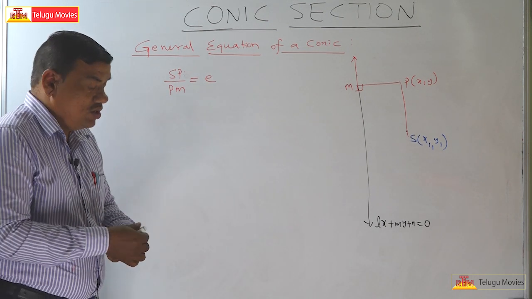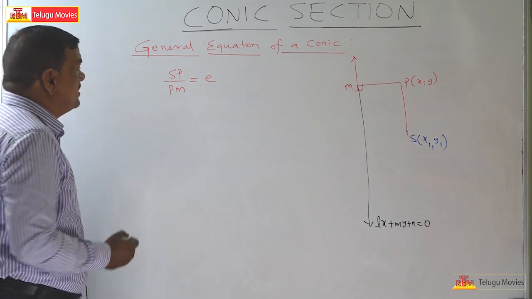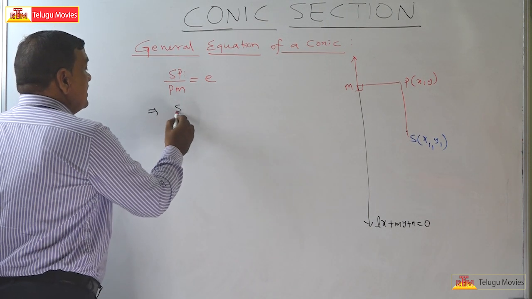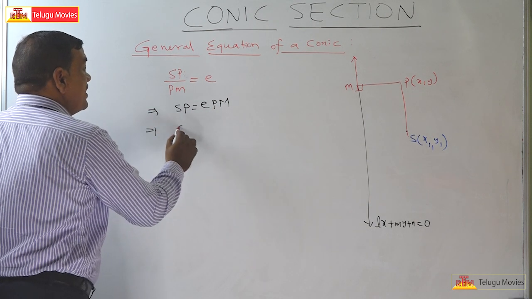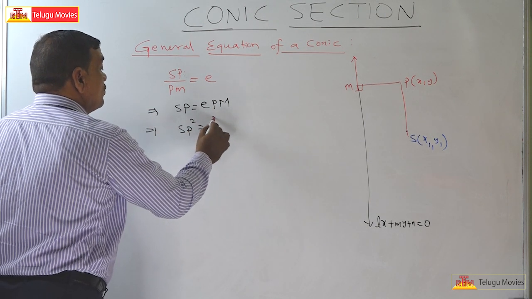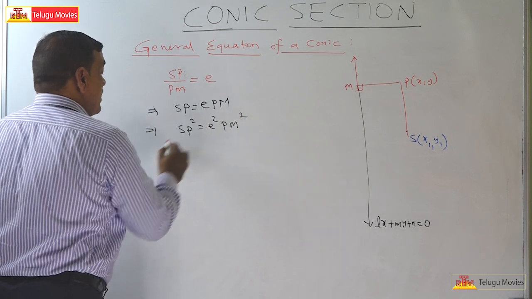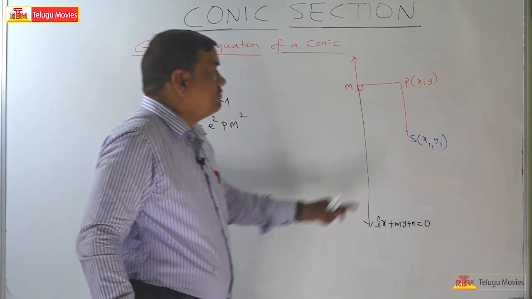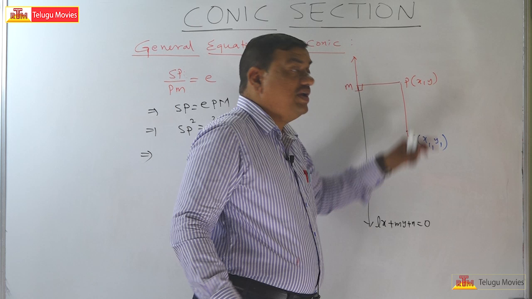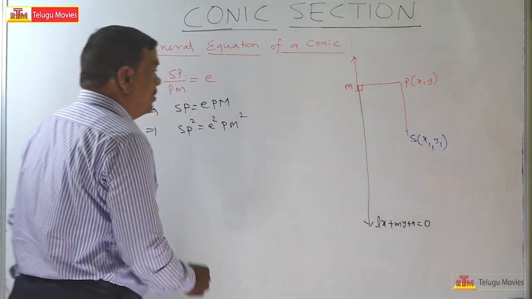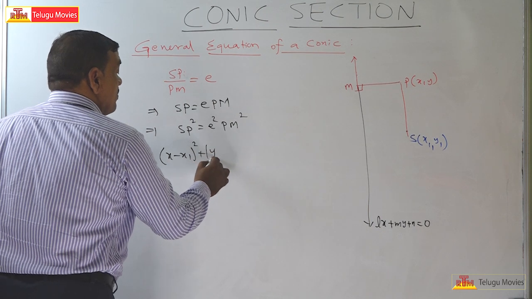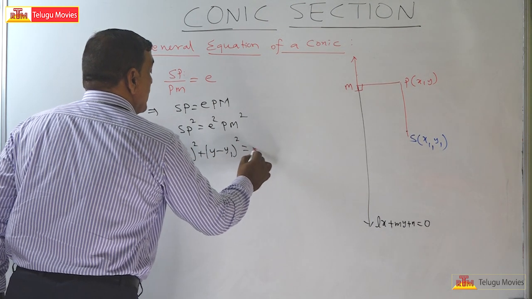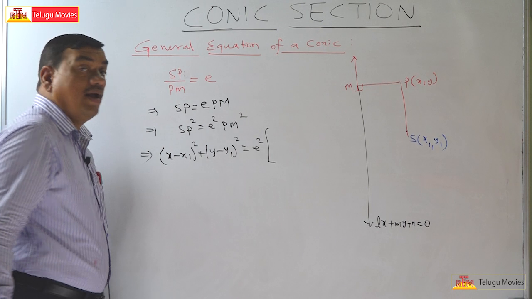Okay, now. We get the equation as SP is equal to E times PM. Squaring on both sides, SP square is equal to E square into PM square. SP square means the distance between S and P, without the square root. So this is (x minus x1) whole square plus (y minus y1) whole square, equal to E square into PM square.